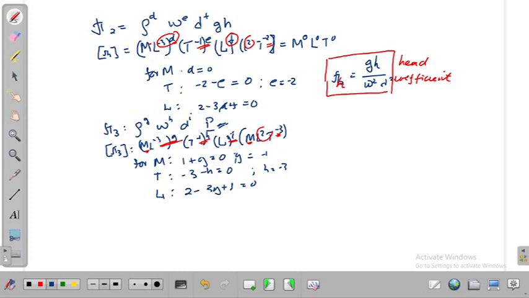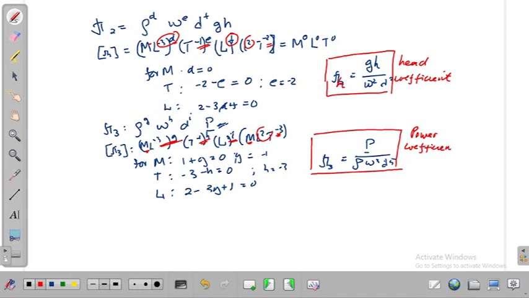So when we analyze this, we'll see that pi 3 will be equals to p over rho omega cubed d power 5. So this is usually called the power coefficient.